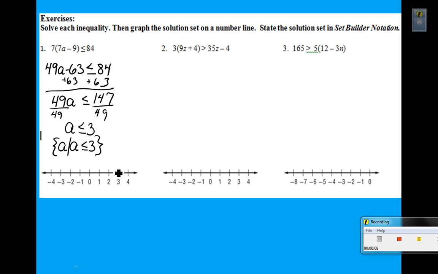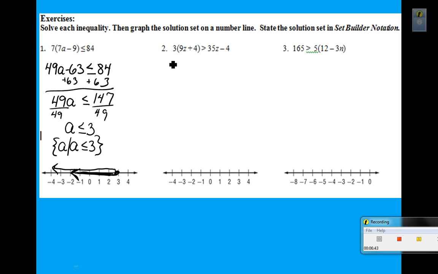And I'm going to come to the left. Now you might have had Mr. Fonestill, Mr. Dreher. Sometimes they like to have you shade on the number line. I don't mind you shading on the number line, but I got to be able to tell which direction you're going. That's why I come up and over. It's easy for me to tell what you're doing. If you'd rather just shade it in darker with the arrows, I'm okay with that also.